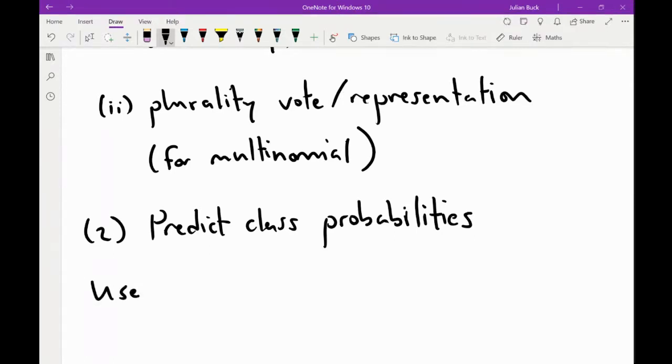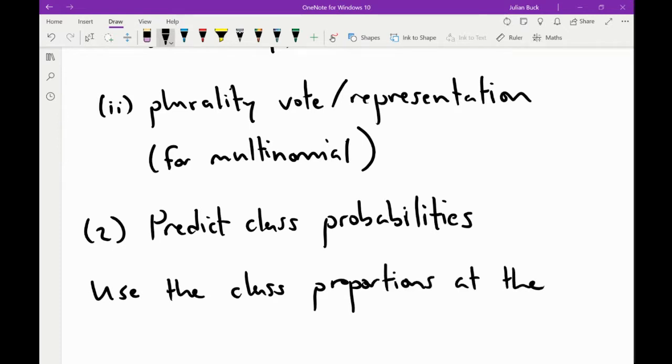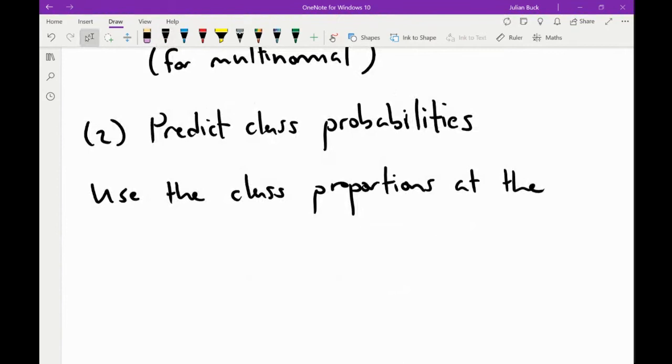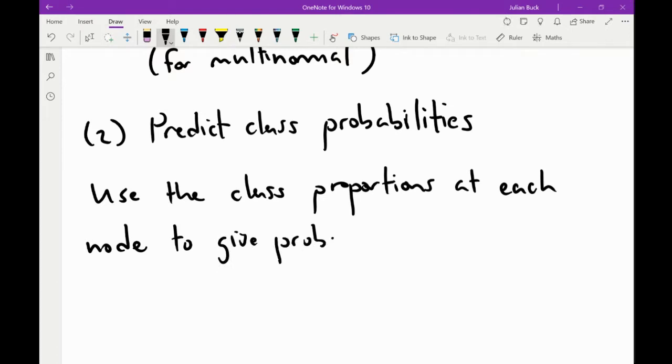The idea here is to use the class proportions at the final nodes to give probabilistic predictions.